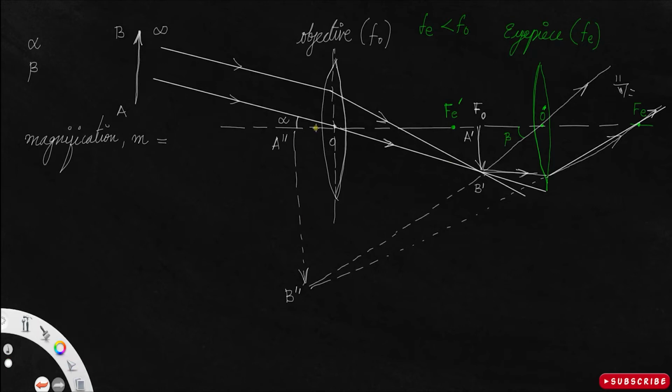When you look at these two angles, this angle will be equal to this one, since they are vertically opposite angles. So I can mark this as alpha, this also as alpha. So by definition, we have magnification M is equal to tangent of beta by tangent of alpha.